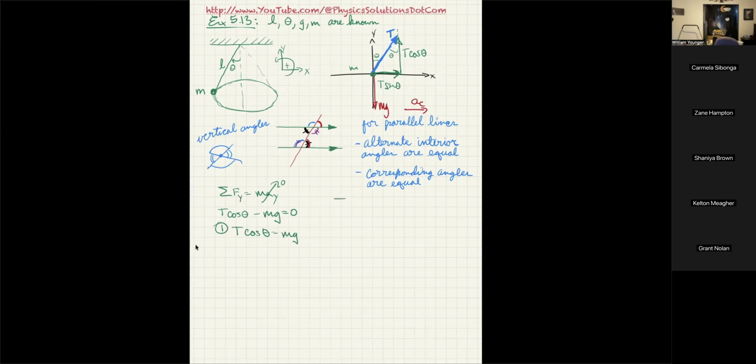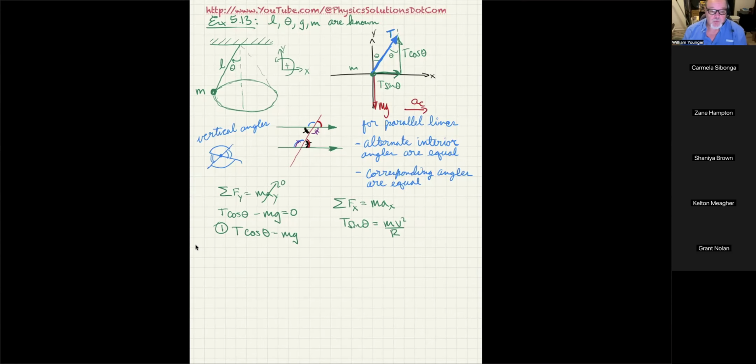Now I'm going to take the summation of forces in the x direction equals mass times acceleration in the x direction. And this time the acceleration has to be that centripetal acceleration, a sub x, which is in the direction of the positive x-axis. That's why I chose that direction, because the book chose it. Anyways, the only force acting in that direction is T sine theta. So I'm going to say T sine theta equals mv squared over r.